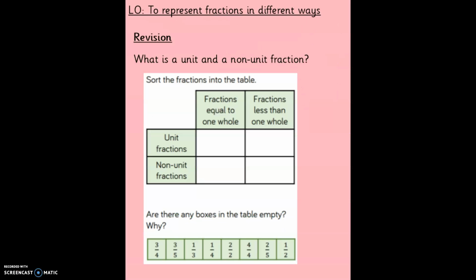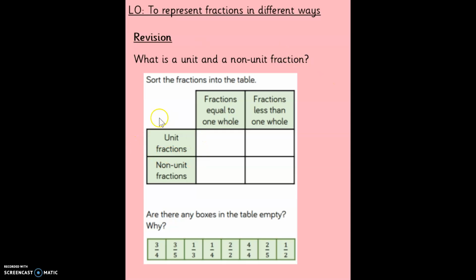So using that information, I want you to see if you can have a go at the following question. You can see a table on the board here, and underneath you can see a series of fractions. What I would like you to do is to see if you can put those fractions in the right places. I'll do one for you now.